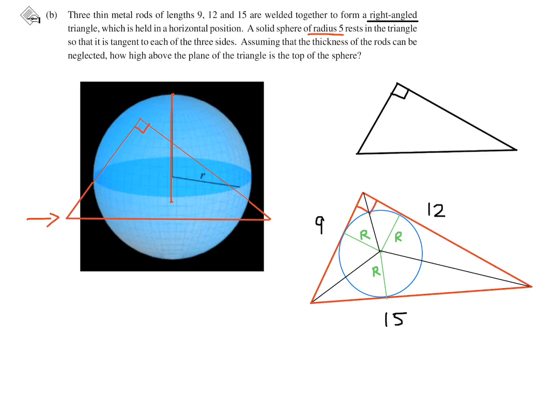Okay? And 9 squared plus 12 squared is equal to 15 squared, so that's why we know for a fact that it's a right triangle. Now, the full area of this triangle, since this is a right triangle, is going to be 1/2 times 9 times 12, correct? 1/2 base times height, basically.